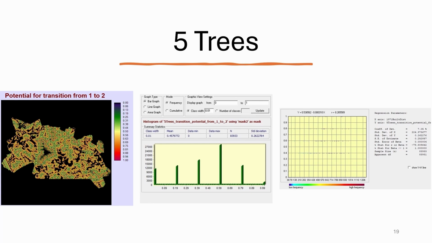In the case of 5 trees, it means all transition potential values are multiples of 1/5, or 0.2, which matches the values displayed in the histogram and regression plot. You can see where different transition potential values are located on the map, roughly following the pattern seen in the distance from built predictor variable.